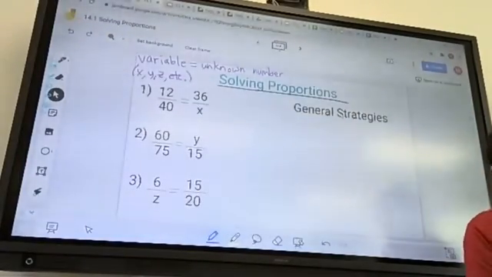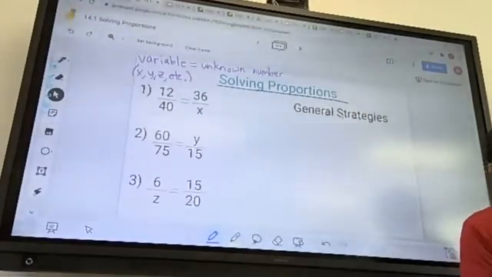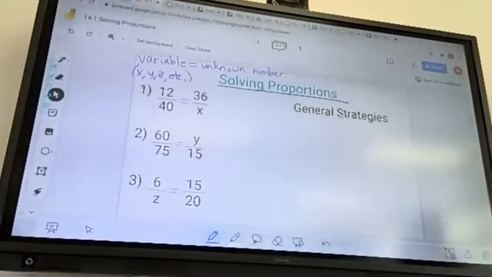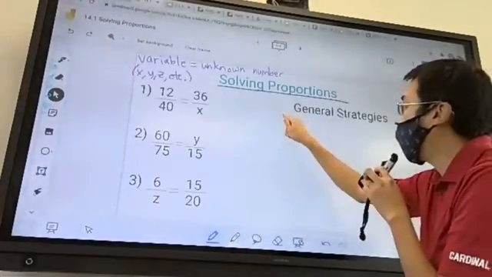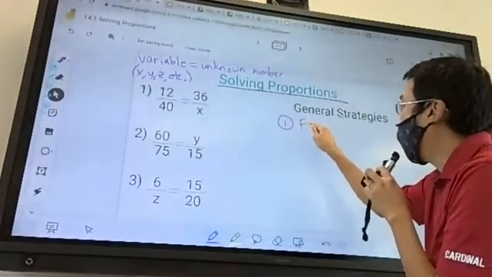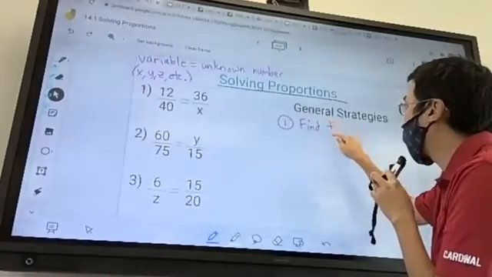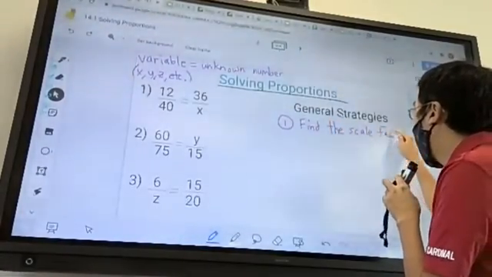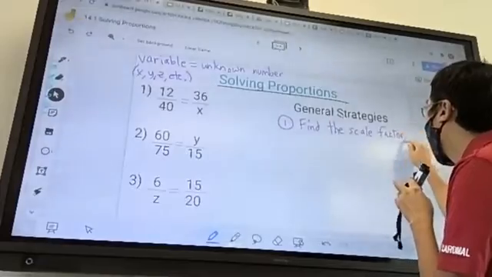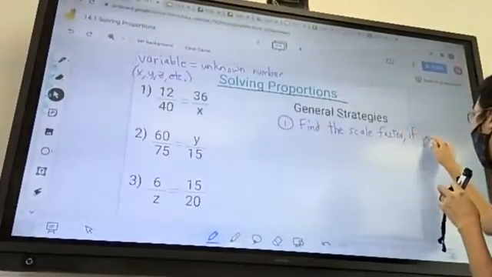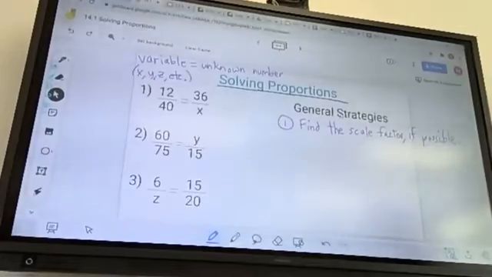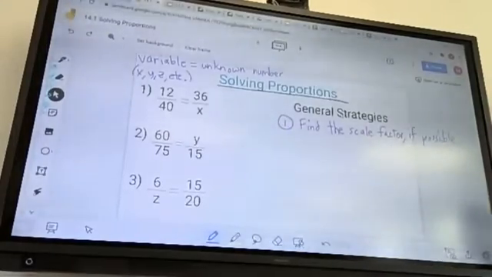There are many ways to solve proportions, but usually we want to follow this process to help you solve in the most efficient manner. So strategy number 1, find the scale factor if possible.